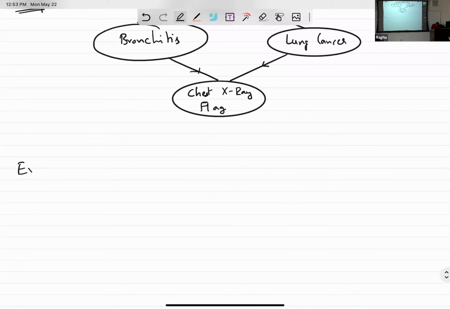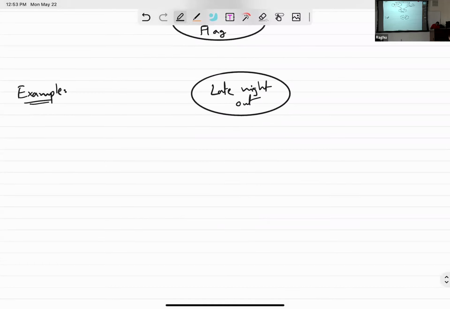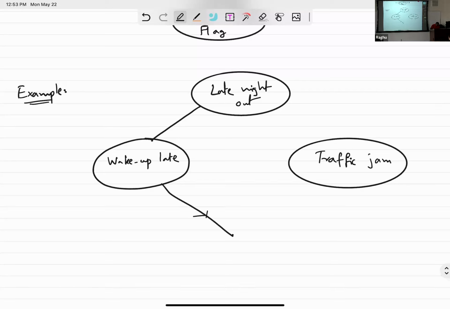As another example, maybe you stayed up all night yesterday, and as a result, you wake up late. But on the other hand, maybe independently, there's a traffic jam, and both of those could cause you to be late to office.